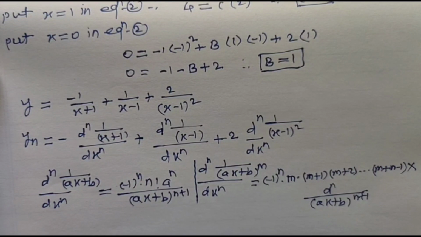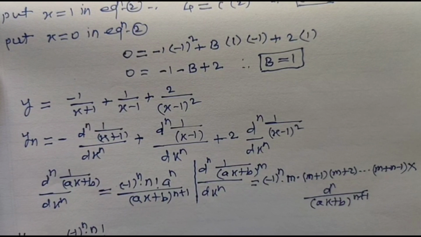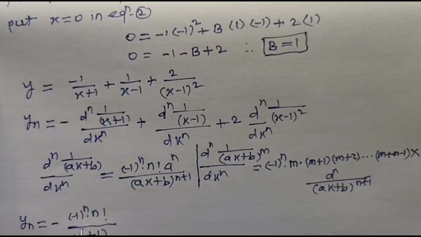Hence yn is equal to, we can write, minus nth derivative of this: minus 1 to the power n factorial, coefficient of x is 1, so a is 1, divided by (x plus 1) to the power n plus 1.